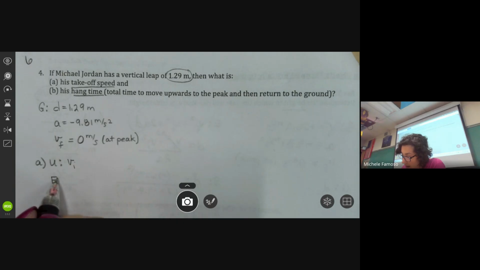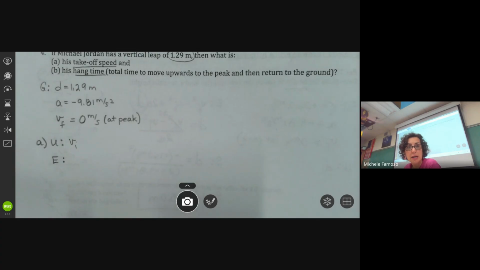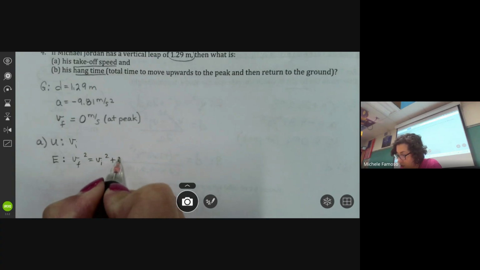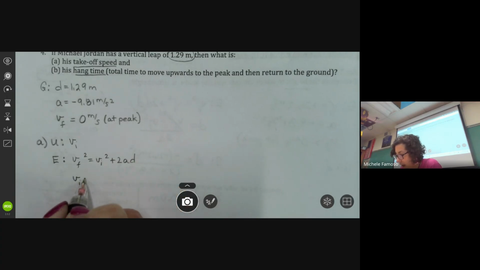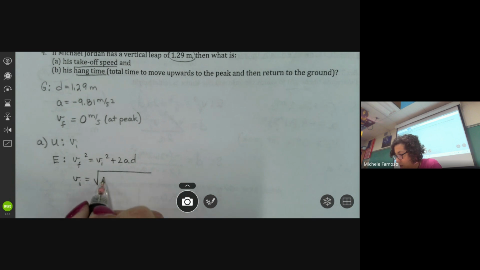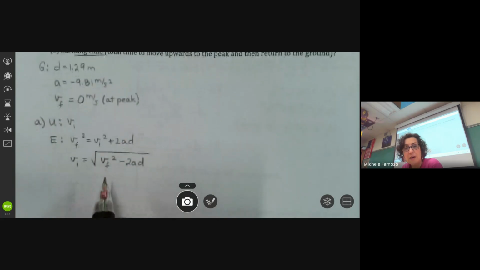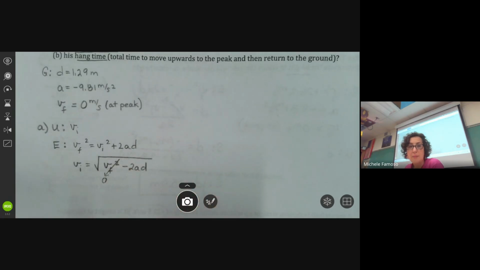All right. Lisa, can you tell me what equation I should use in part A? Yeah, just like the last question. So when I move this around for VI, I get that VI is equal to the square root of VF squared minus 2AD. And since the VF, which is at the peak, is 0, that is going to drop out.